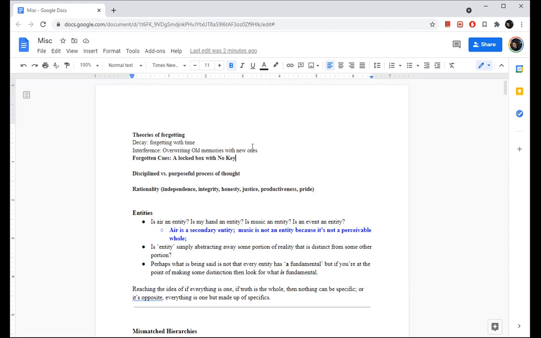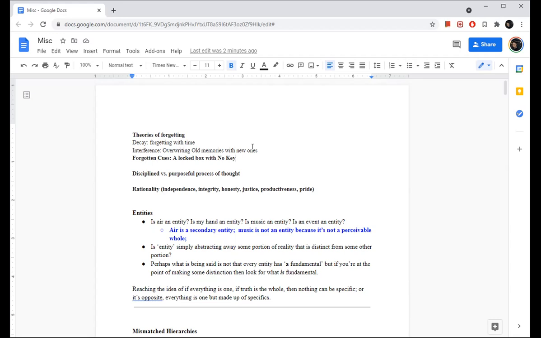Say if keys remind you of a car, it's second order remembering, the keys leading you into the car, rather than just remembering the car. Forgotten cue is another level away from that. You forget the cue, you forget the second order part, so you can't access the memory directly. So it seems reasonable.